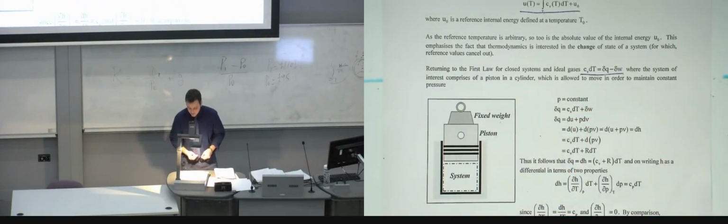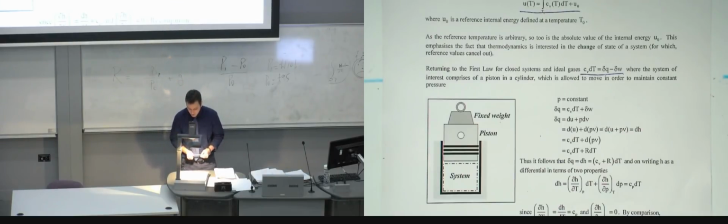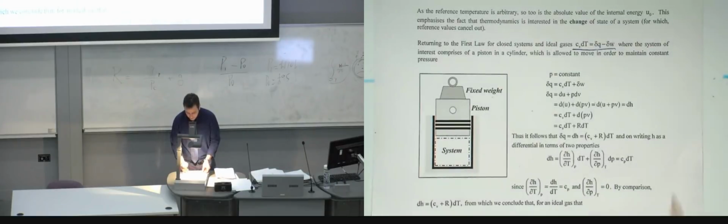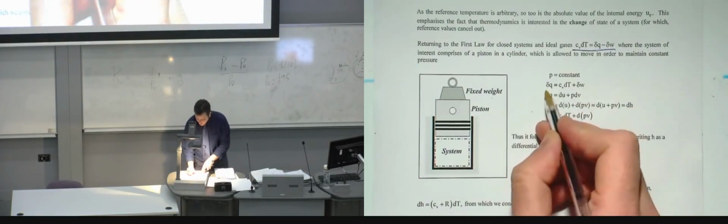We said that CV delta T or CV dT will be equal to delta Q minus delta W. Now let's take delta W to the left-hand side, so just swap the two sides.